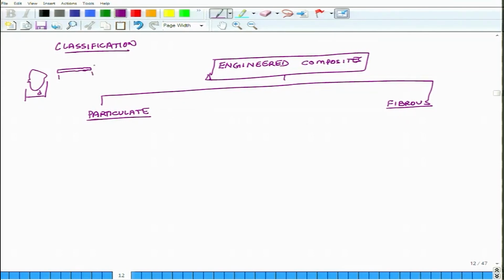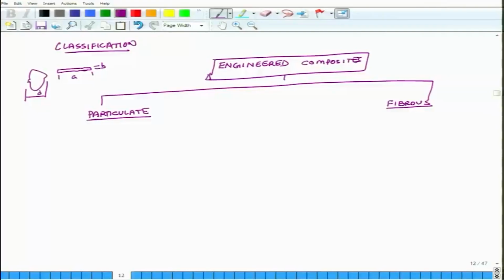The ratio of these two dimensions A and B is very large. Okay. So, a particulate composite has a lot of particles bound together by some matrix, and fibrous composites have fibers, and in fibers, what is the definition of fiber? That it has a high length to diameter ratio. Okay. So, that is the basic thing.